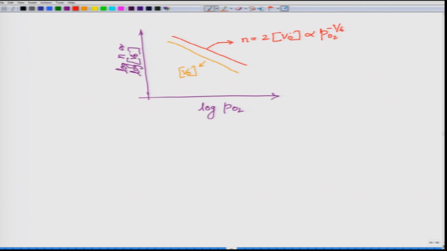So, the slope that exists over here, both the slopes are equal to minus 1 by 6, and the assumption here is constant temperature. This kind of plot is called Brouwer diagram.